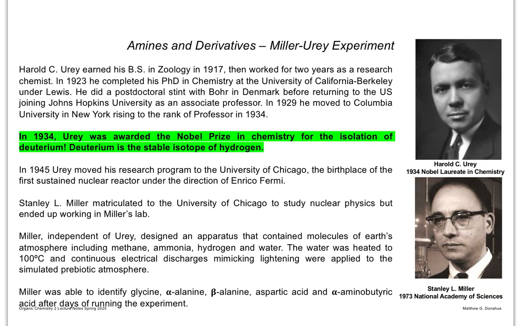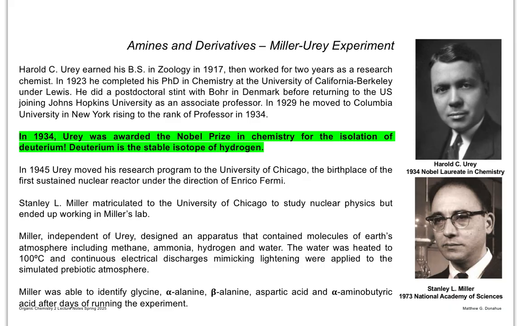So a nice experiment to help shed light on this was the Miller-Urey experiment. So Urey was the principal investigator, and Miller was a graduate student that worked in his group. So you can read the history of Urey. He was awarded a Nobel Prize for the isolation of deuterium. And so he worked in nuclear physics.